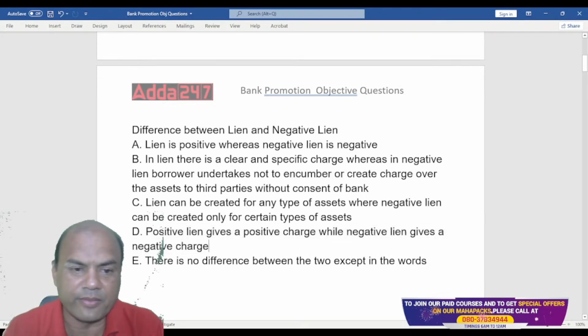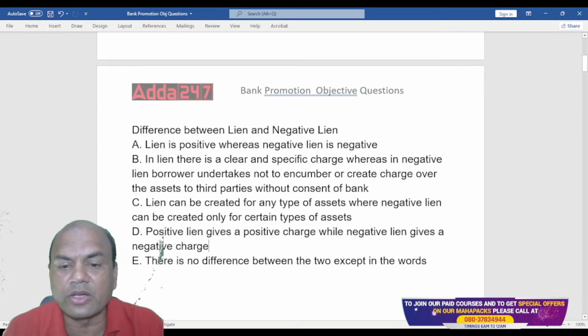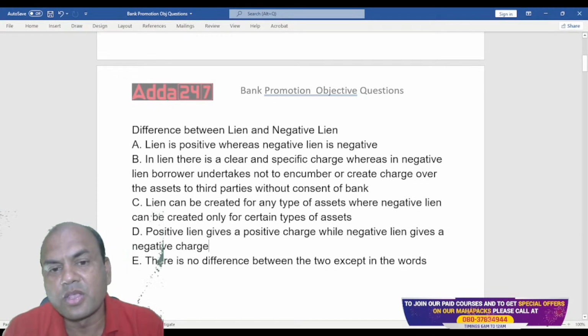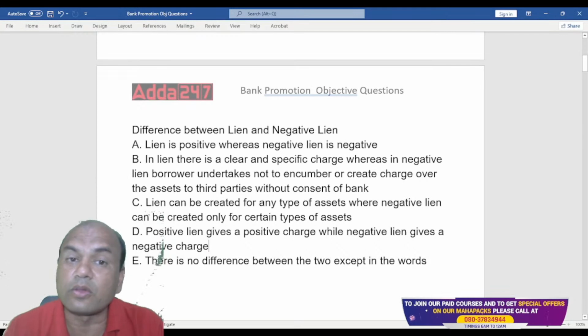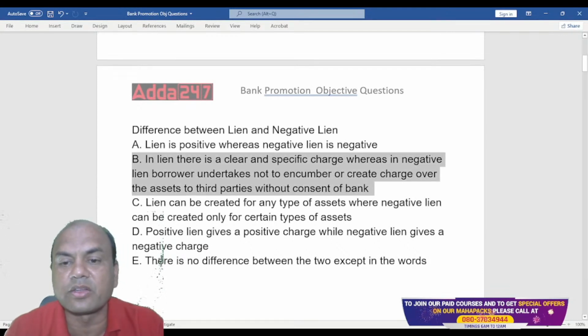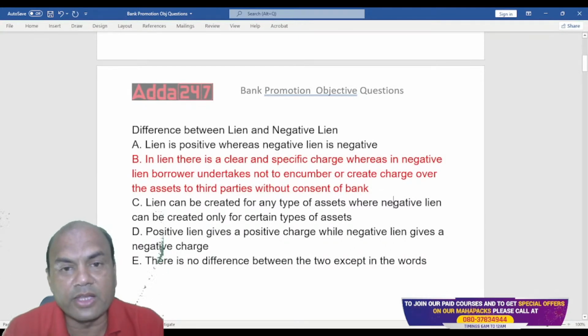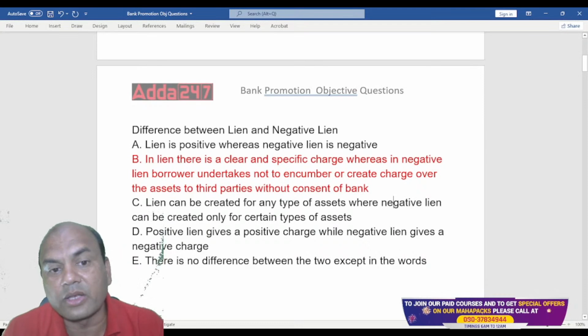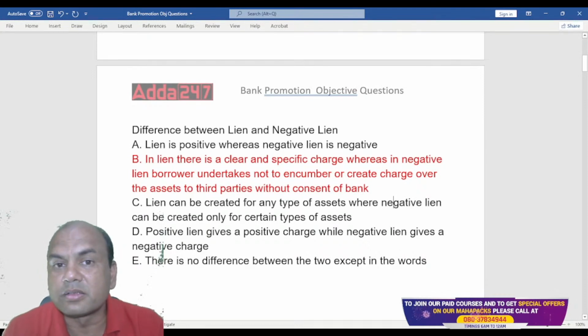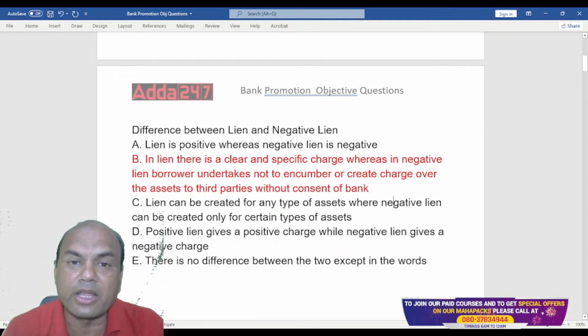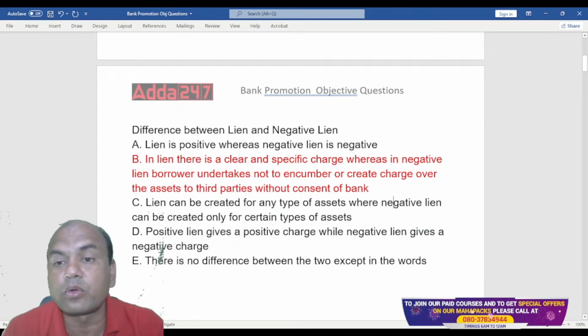There is no difference between the two except in words is also wrong. So what is the correct answer here? Logically, the correct answer is this, and this should be the answer in your exam also. Negative lien means you give it in writing to me that you won't be giving this property or this security as collateral to anyone else.